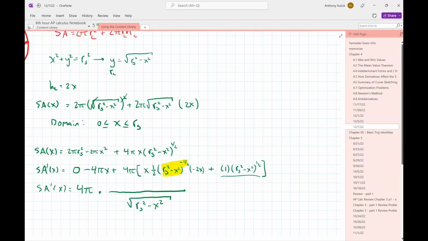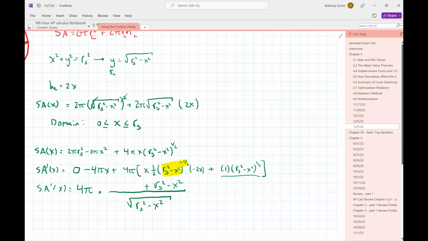If I make a common denominator on that piece, I have to multiply the top and bottom by r squared minus x squared to the 1/2, which just gives me a regular old r squared minus x squared on top. Everybody agree with that?